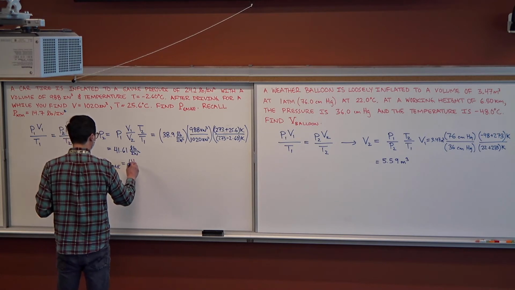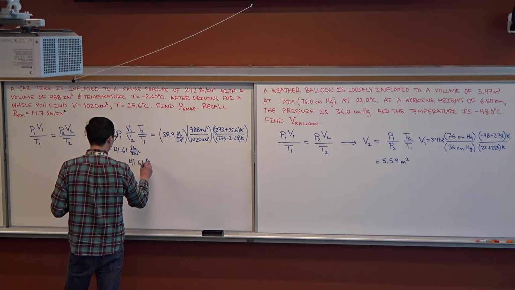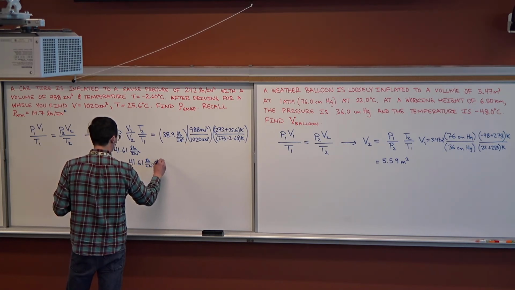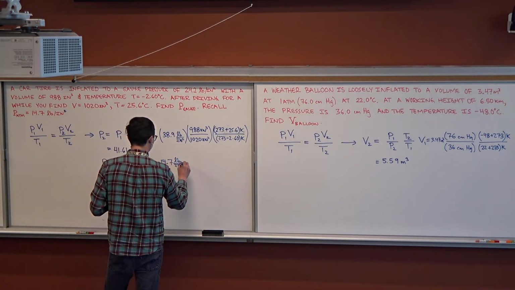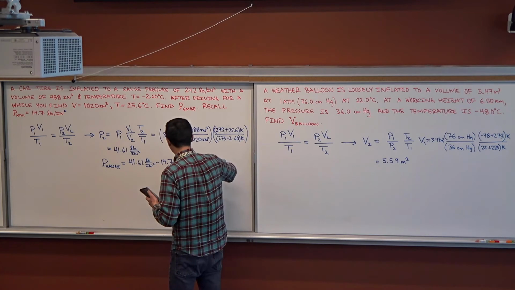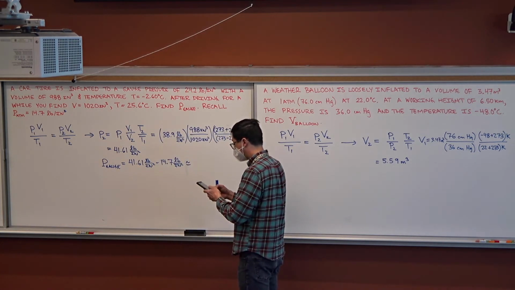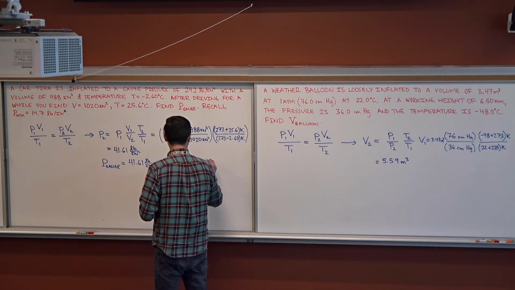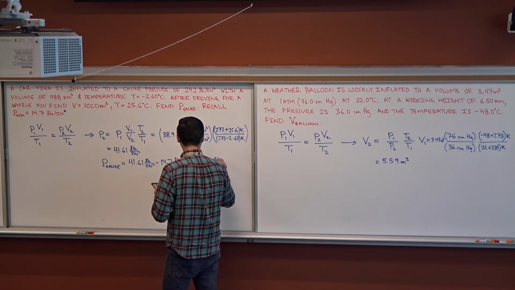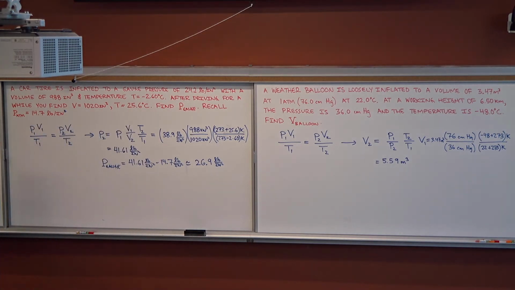So that will be 41.61 minus 14.7 pounds per square inch, and at least roughly, we get 26.9 pounds per square inch. How's that work? Is that all right for you?